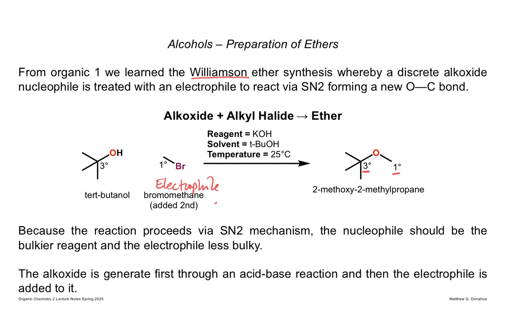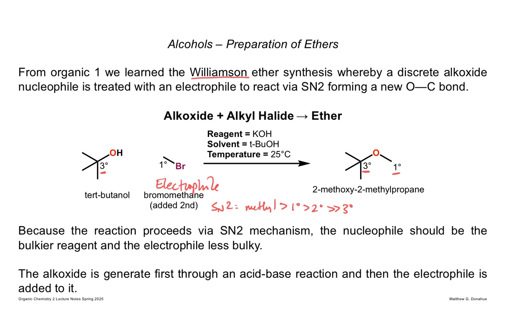So remember, that was methyl greater than primary, greater than secondary, and tertiaries do not react by SN2. That's why we're using the least substituted carbon as the electrophile. The most substituted carbon, the tertiary, is going to come from an alcohol.